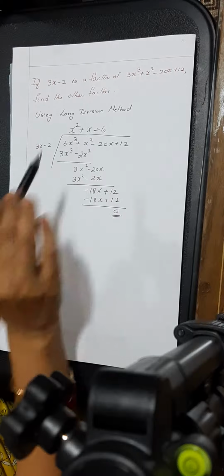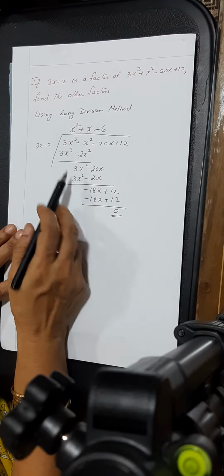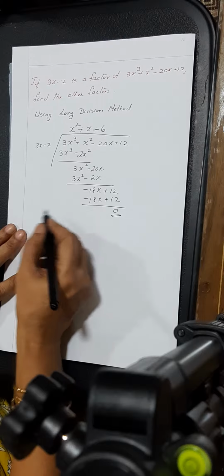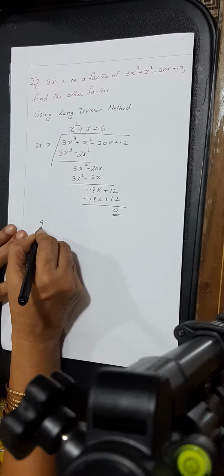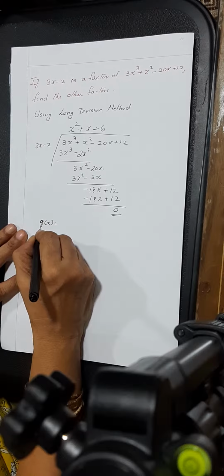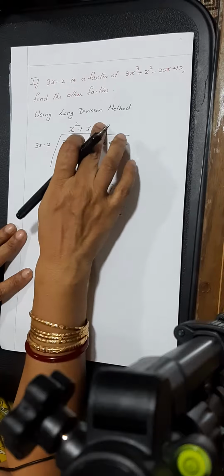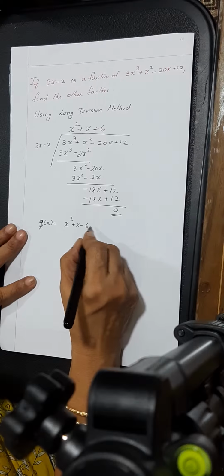So now you get the quotient as x squared plus x minus 6. The quotient Q of x is equal to x squared plus x minus 6. So this is a factor. So we will factorize this.